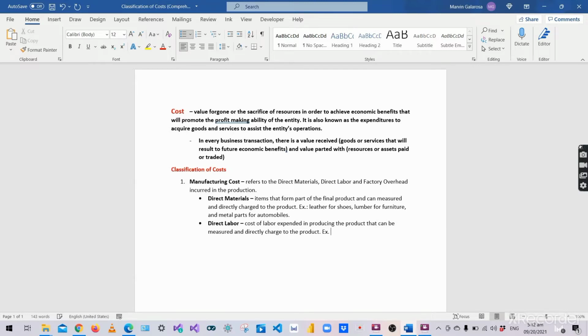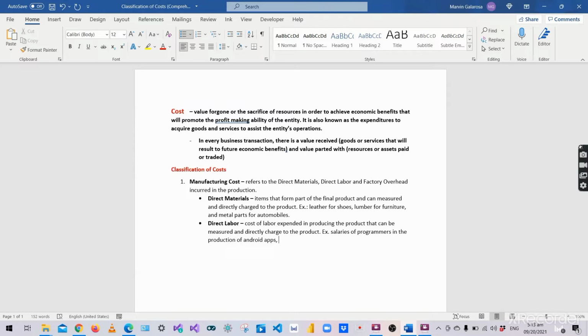Examples: salaries of programmers in the production of Android apps.